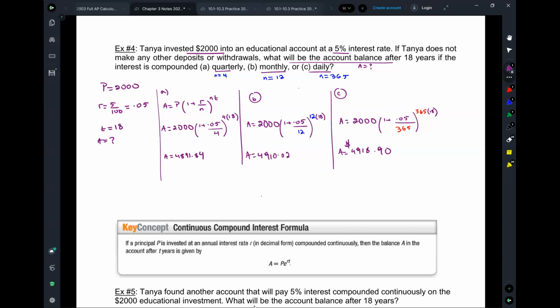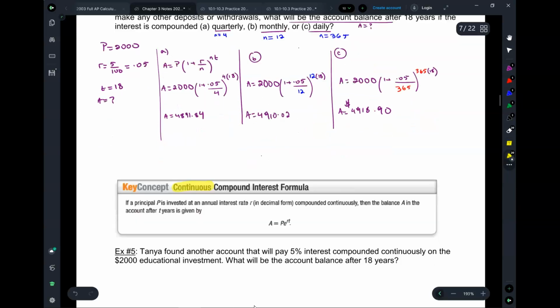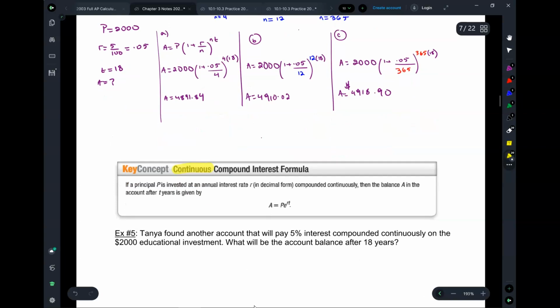Then how many times are you being paid in a year? An infinite amount, okay? So we say this is continuous compound interest, and the way it's written, it says it's compounded continuously. Those are the words you need to look for, and then there's a new formula.